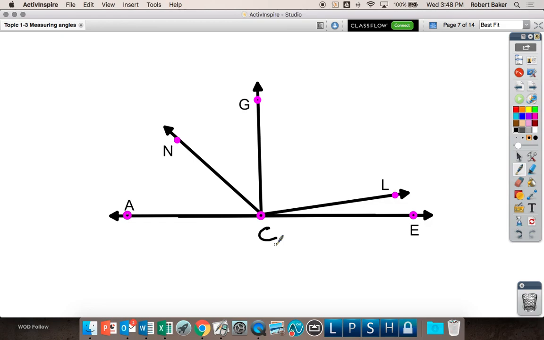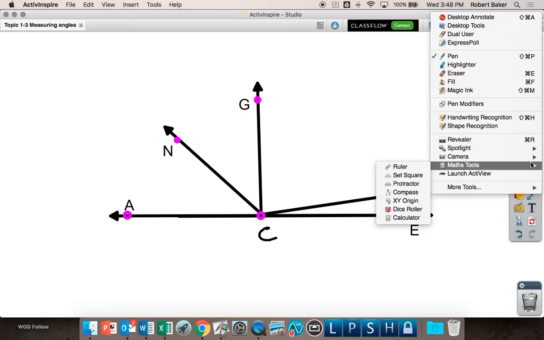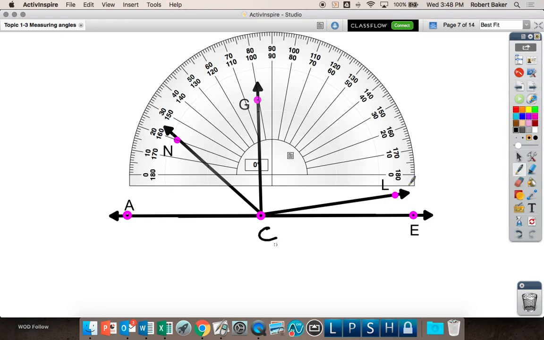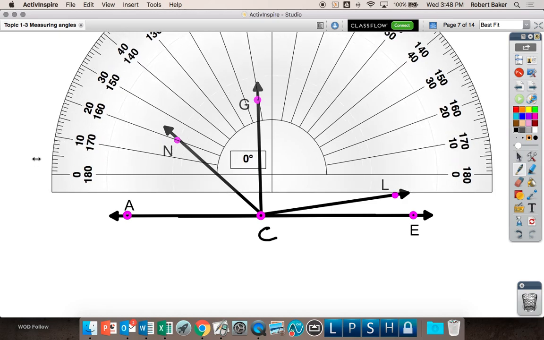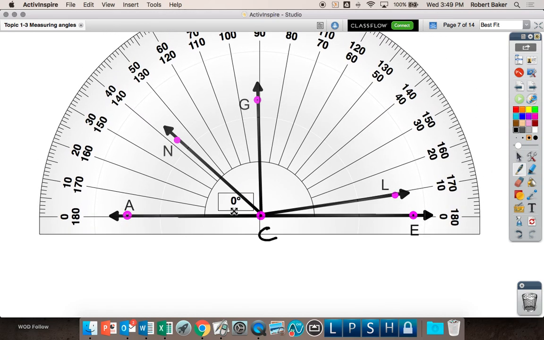Here's what might happen, okay? It happened to everybody all day. You guys are going to put your protractor on there, and it's going to look like this. You're going to have this little bitty picture and this big old protractor.